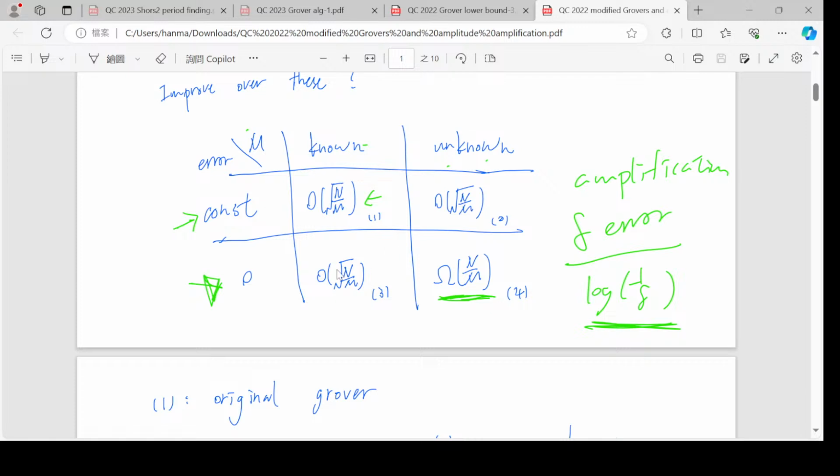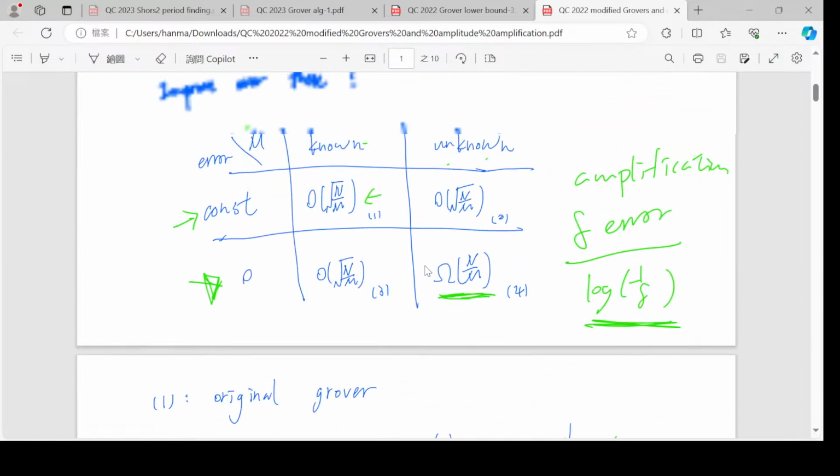We have different results here. So if you only want constant error, then you can do it without knowing m. And if you know m, you can turn the error to 0, but you cannot get both. Okay, so the weirdest one is here. If your m is unknown and you want 0 error, then it's actually impossible to get a Grover speedup. It's omega n over m.